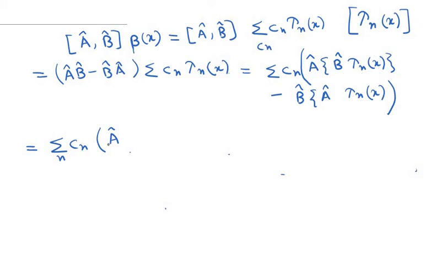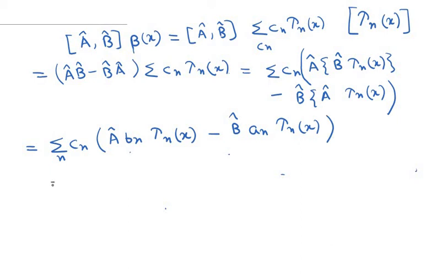We call this number Bn, times lambda n x, minus operator b acting on lambda n x, which is also a number multiplied by lambda n x, because lambda n is an eigenstate of this operator also. We call this number small a n multiplied by lambda n x.